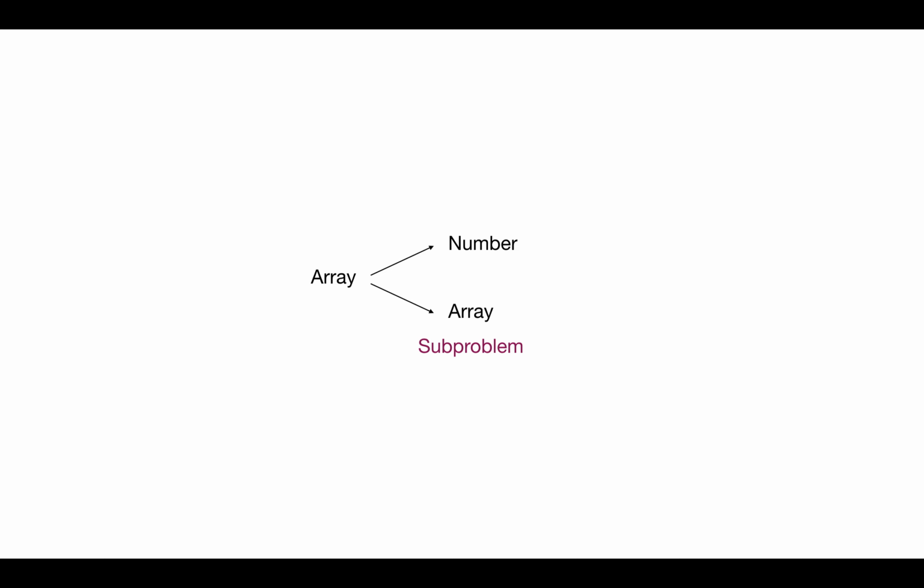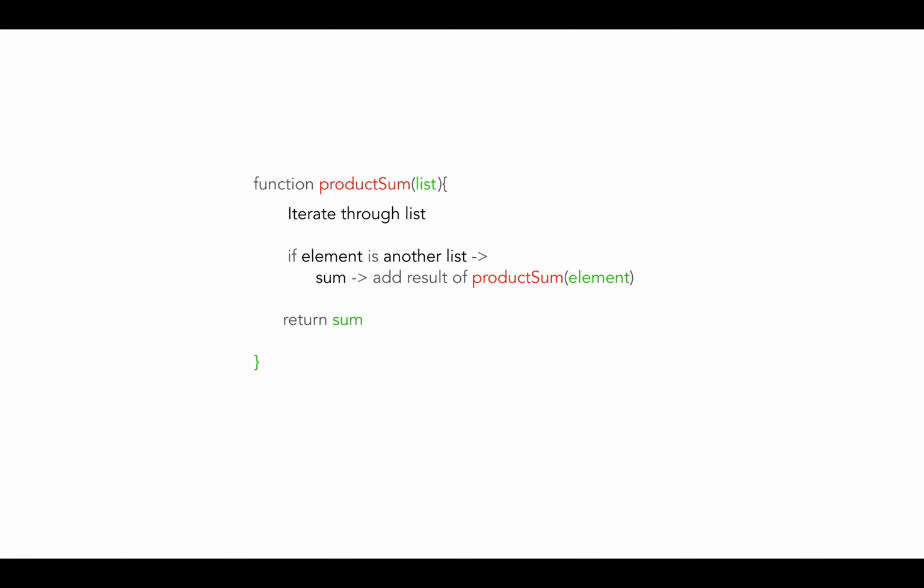And by assuming that our function is already working, we will get the sum of the subarray with this recursive call. It's saying if the element itself is another list or another array, then add the product sum of this array to the sum variable. So here we are calling the product sum recursively to get the product sum of the subarray.